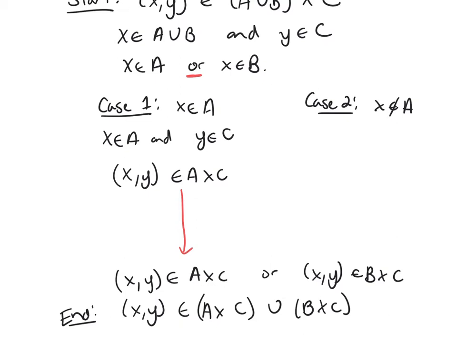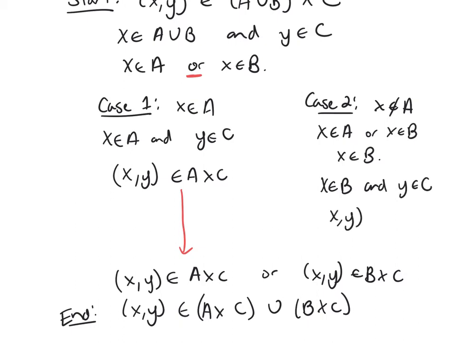If x is not in A, well, we said that x is in A or x is in B. Since x is not in A, x would have to be in B. But this means x is in B, and we still have that y is in C. So xy is in B cross C, and that was one of the two things I needed to get to.